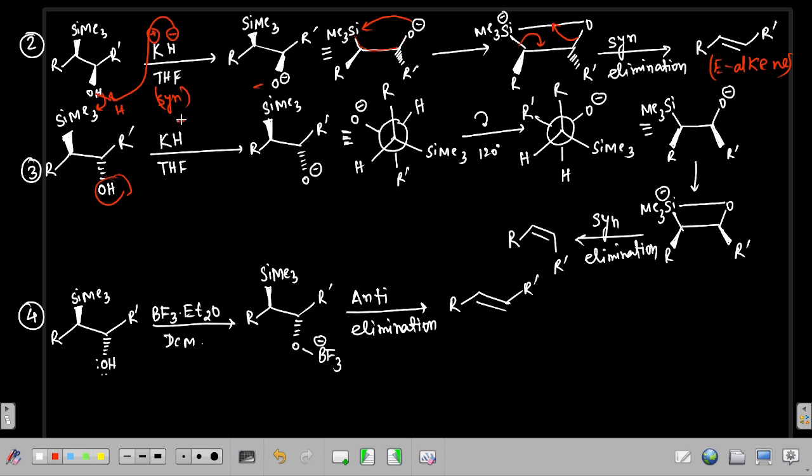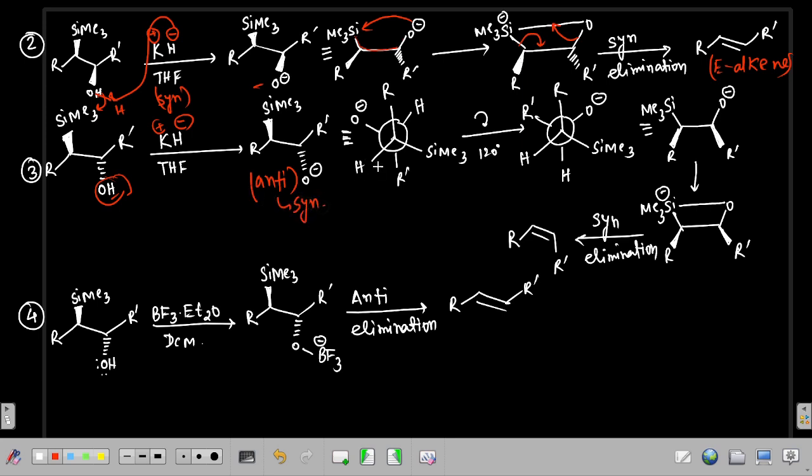Now in the presence of hydride, that is a base catalyzed reaction, it will abstract this proton and form this O minus. Now you see both O minus and SiMe3 are anti to each other, but we need to make this syn.